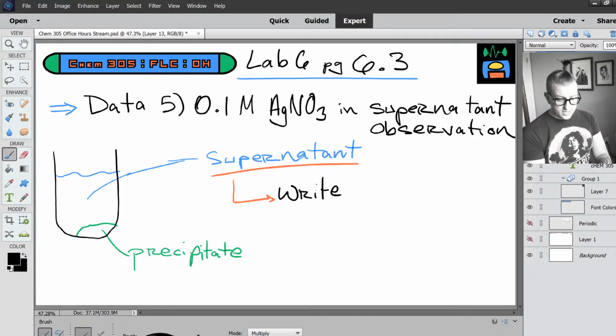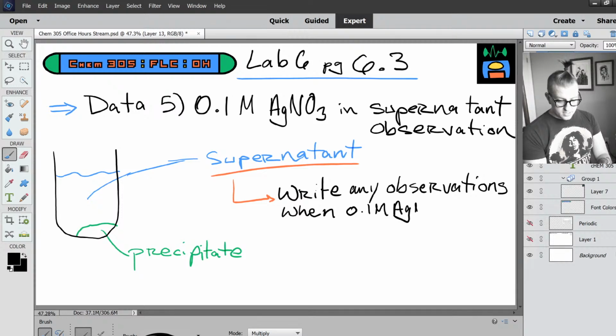They just want you to write any observations when that solution of silver nitrate is added to the supernatant.